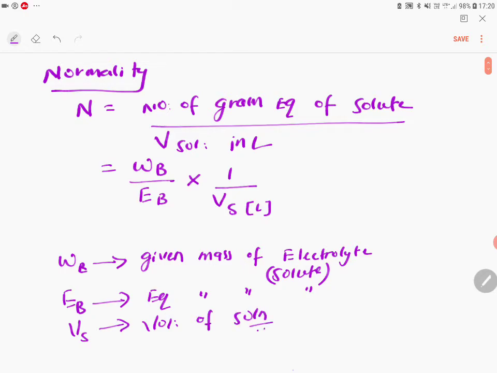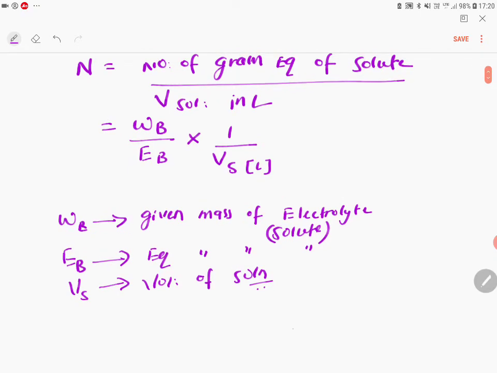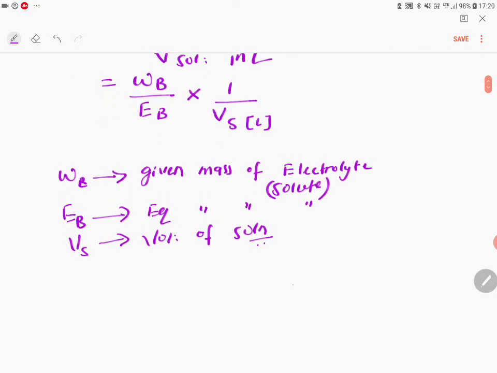So before electrolysis you will dissolve it. If you know the equivalent mass formula, then only you will be able to substitute it in Faraday's first law or Faraday's second law.